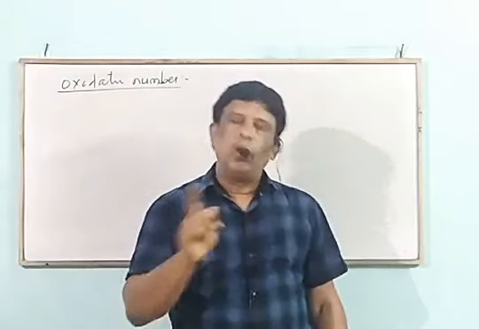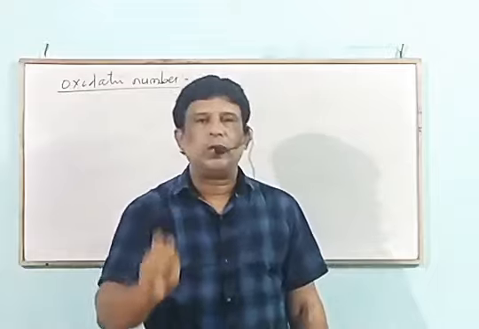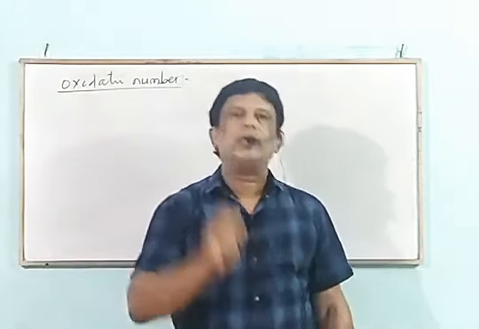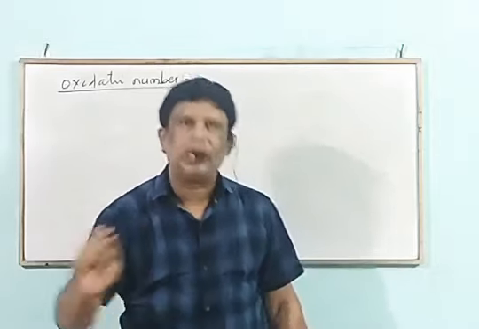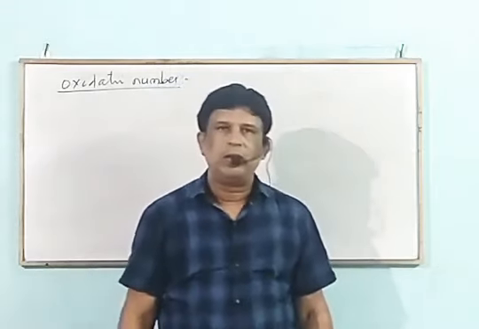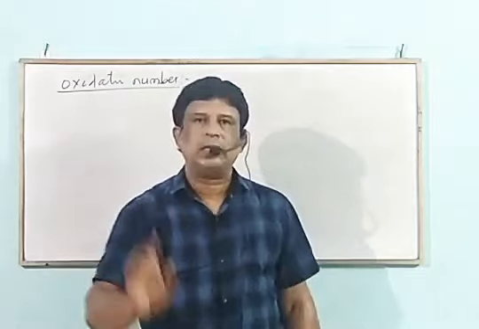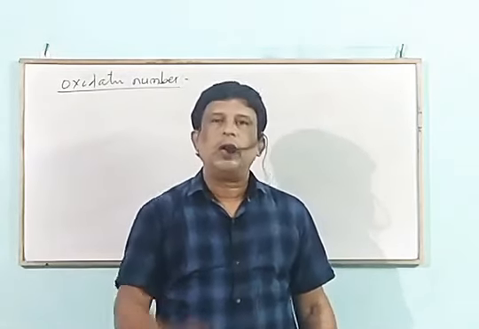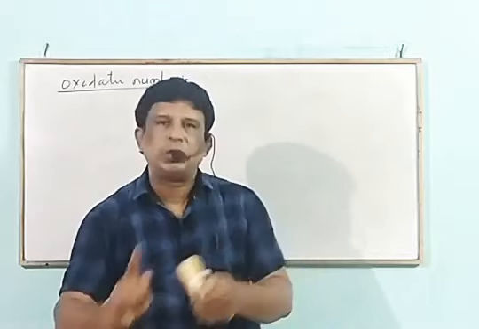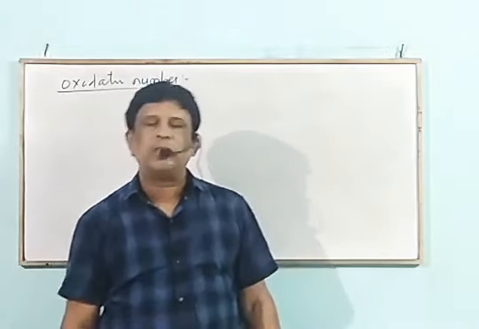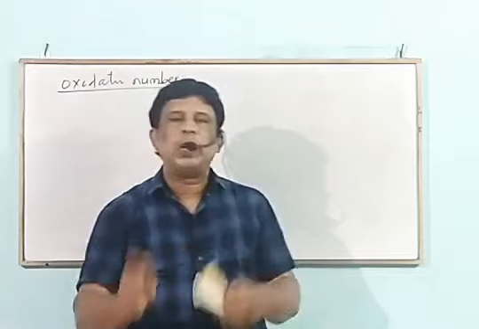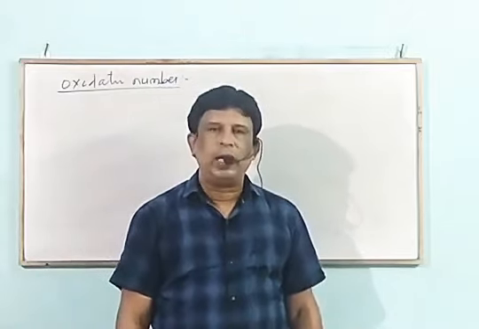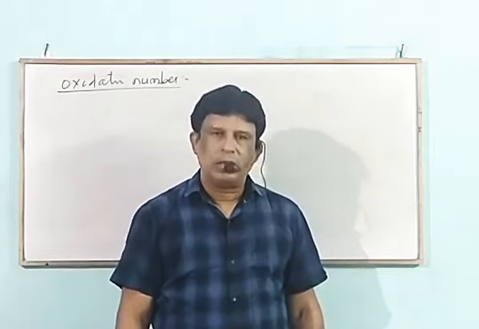Coordination number, always we have to calculate the coordination number of the central metal atom. Here also for oxidation number, we have to calculate the oxidation number of the central metal atom. What is the oxidation number? It is the residual charge which the central metal atom possesses or appears to have when it combines with other atoms in the formation of a complex, known as the oxidation number.